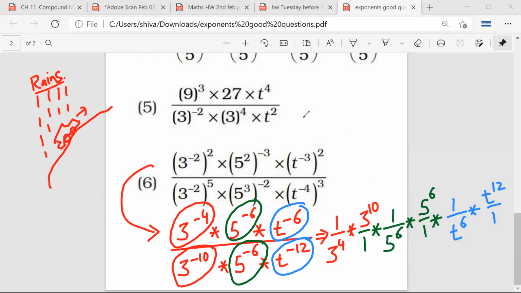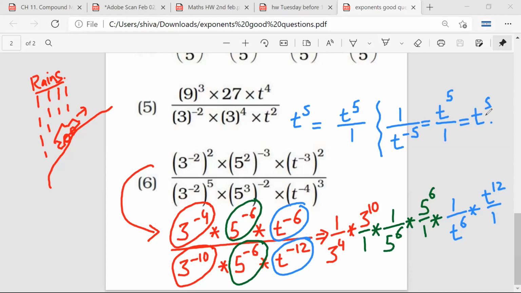1 upon t raised to power minus 5 can be written as t raised to power 5 upon 1, and then this can also be written as t raised to power 5.